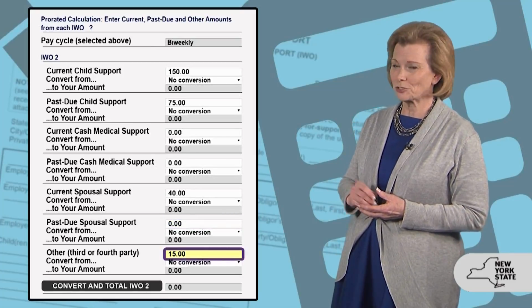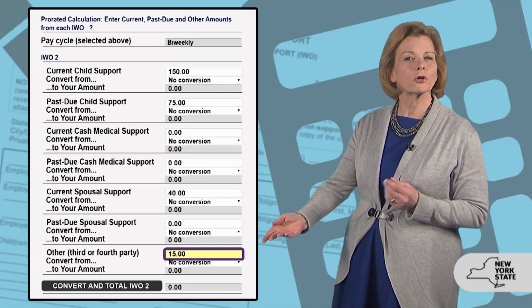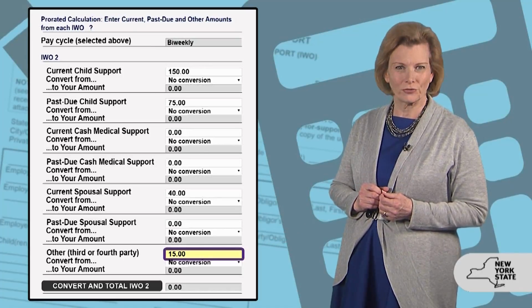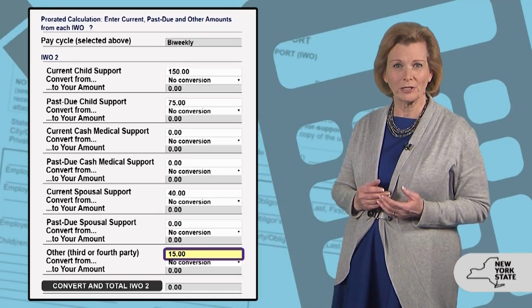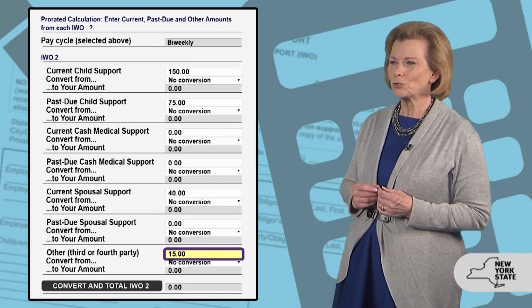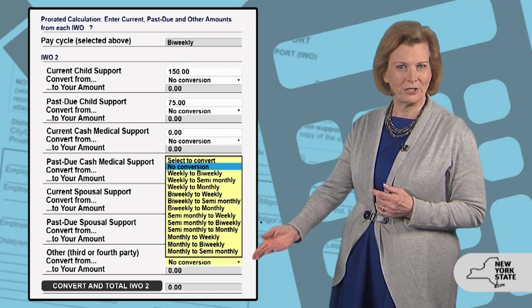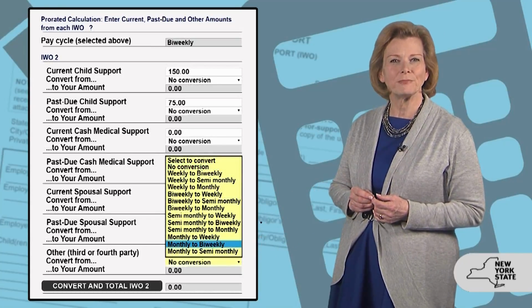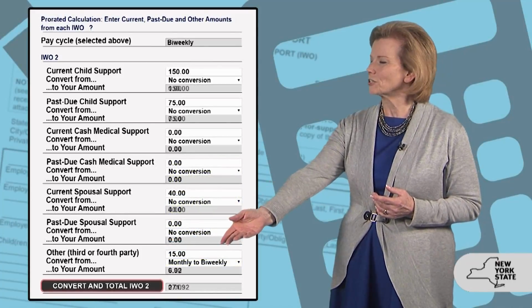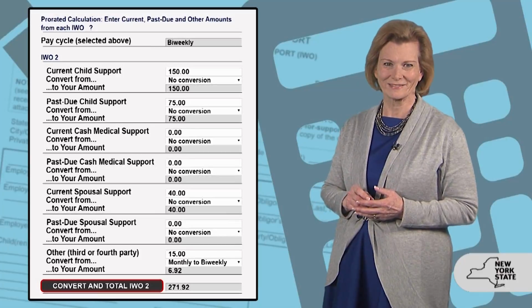The other, payments to a third or fourth party, requires $15 monthly. As before, we'll convert since our pay cycle is biweekly and the payment frequency is monthly. Again, use the Convert From drop-down menu on the calculator and select monthly to biweekly. Next, click the Convert and Total IWO To button.